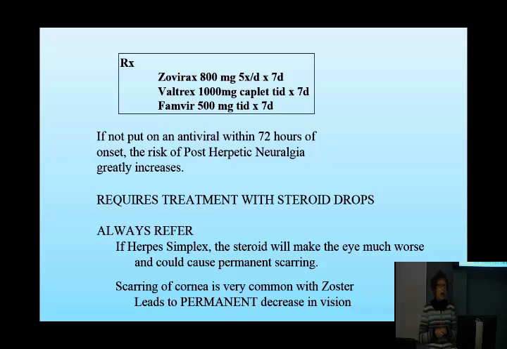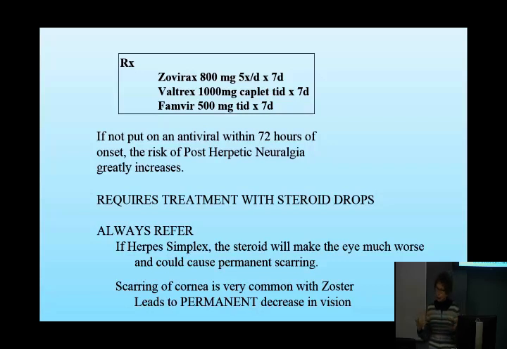There is also a very thick gel drop called Zirgan that you can use with people with herpes simplex. It tends to be very expensive, where the Viroptic is generic. With the Viroptic, you take one drop 5 times a day for a week.